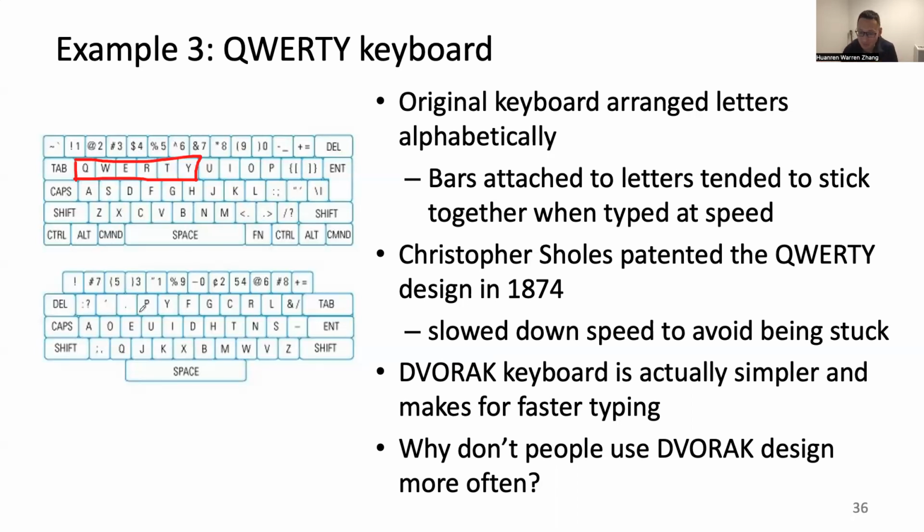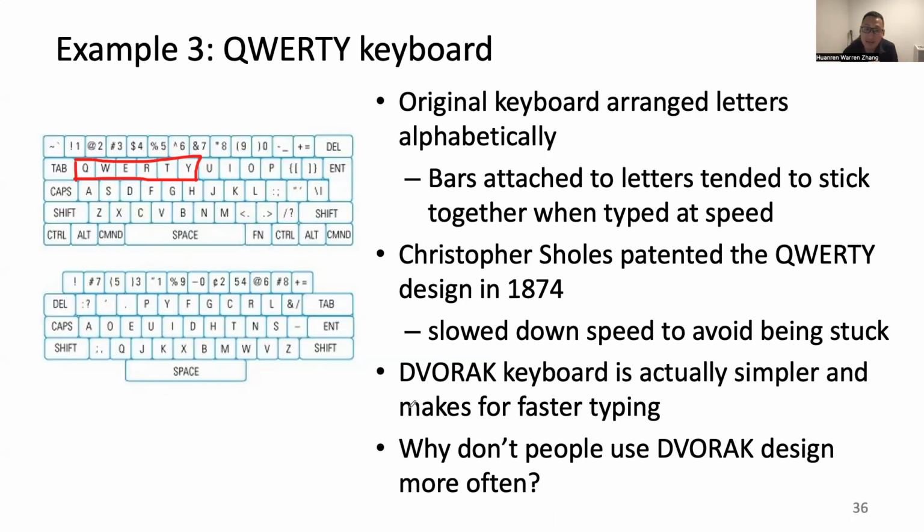You know, the typewriters, when they were typed too fast, the bars, or say the keys, would stick to each other, and you have to manually remove the sticky keys in order to type again. So the original QWERTY keyboard was actually invented to slow down the speed of typing.